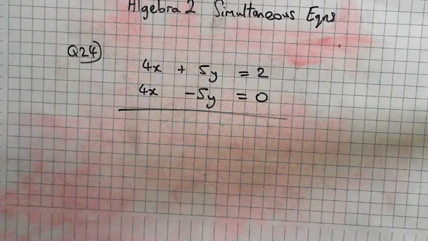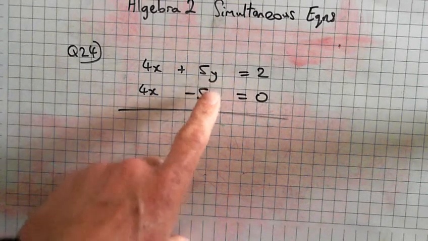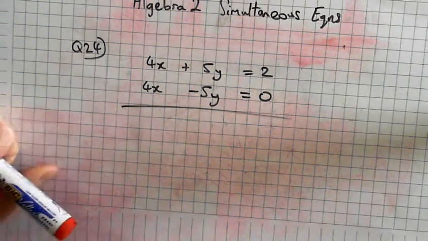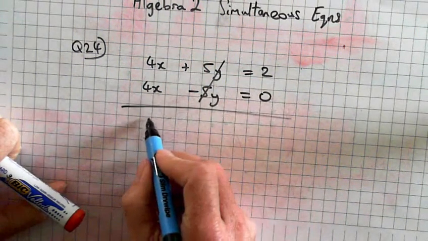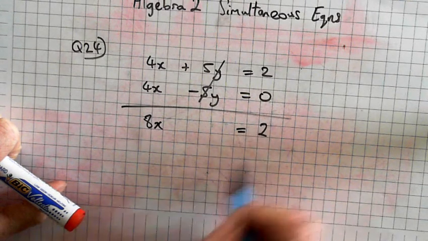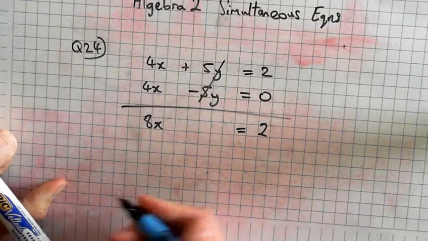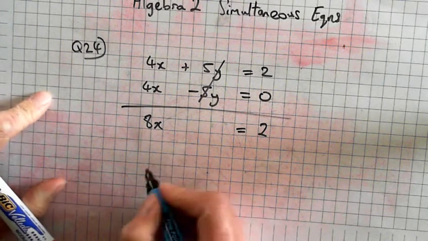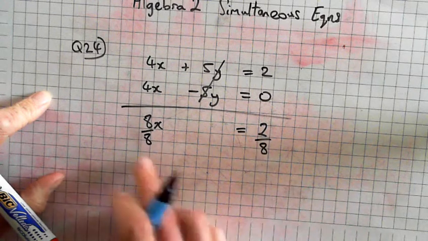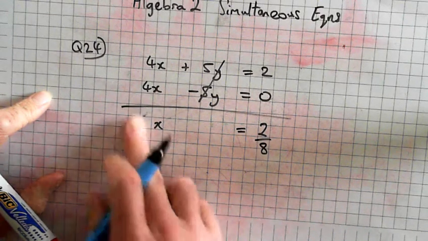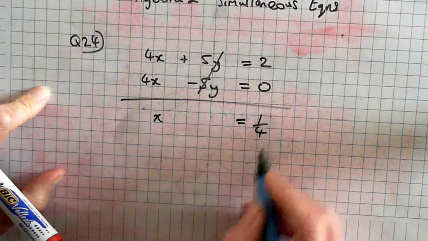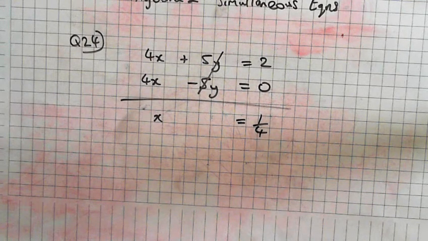This one's a bit easier because you can see that the y's will give you a 0y, they cancel straight away. So they cancel and you're left with 8x is equal to 2. And when you get to this stage, divide both sides by the number in front of the x. Okay, so x is equal to 2 over 8, which is a quarter. First bit done.